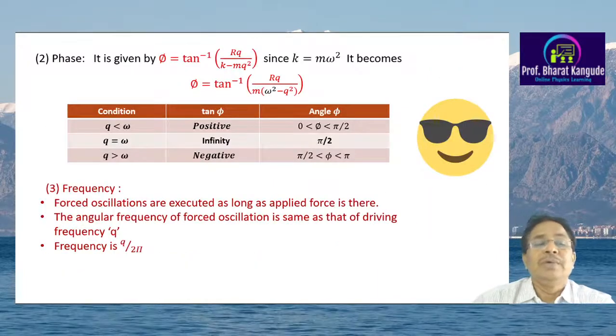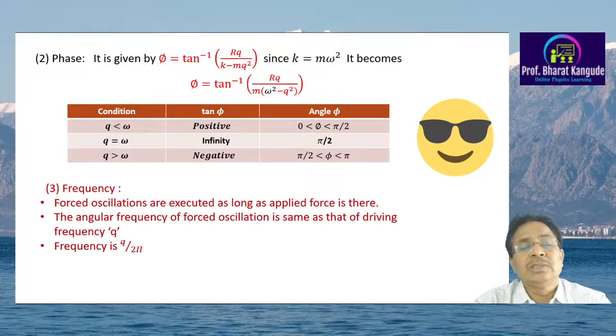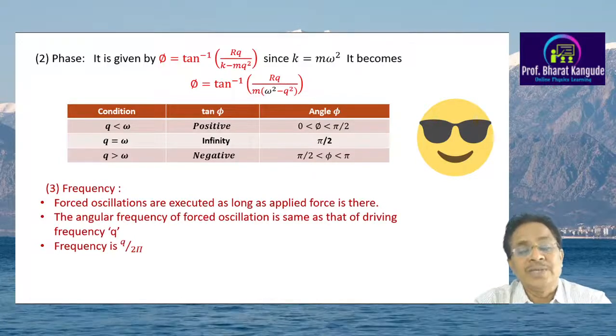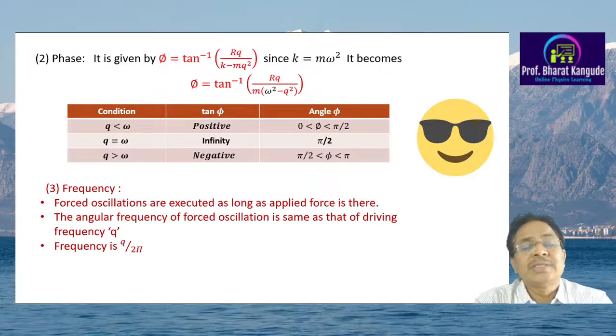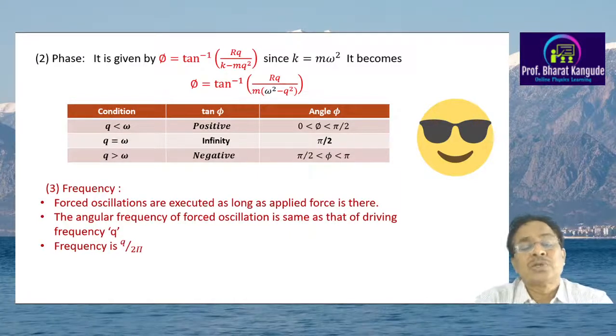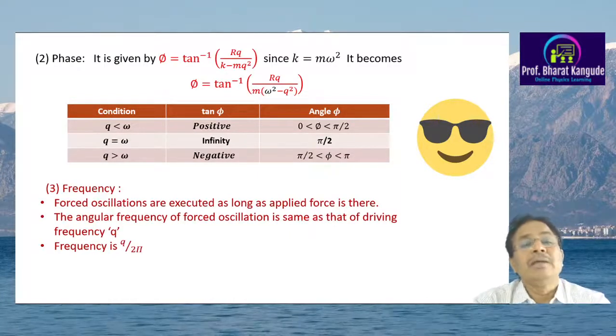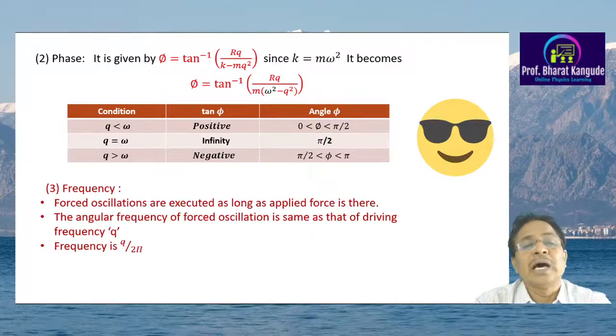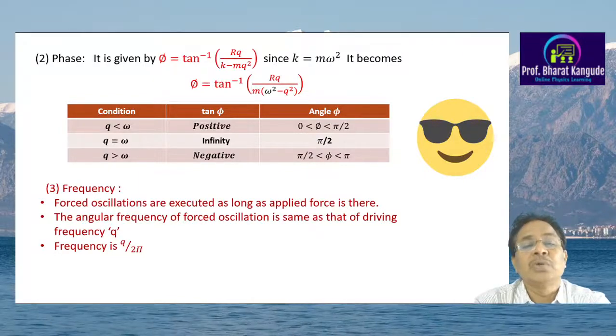Second thing, we can go for another calculation that is shown here, that is called phase. Already we have seen this expression, phase of such type of forced oscillation is given by tan inverse in the bracket rq upon k minus mq square.